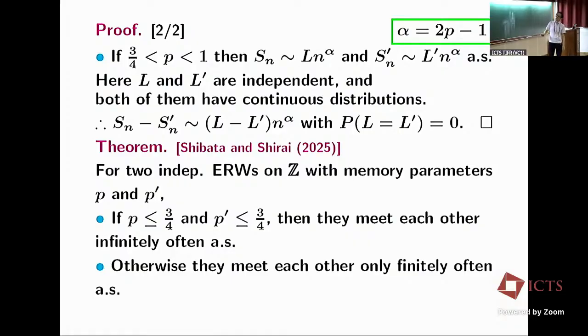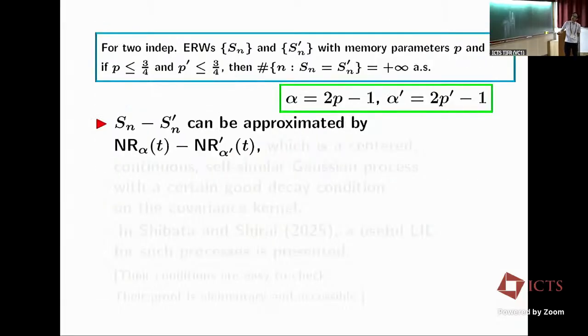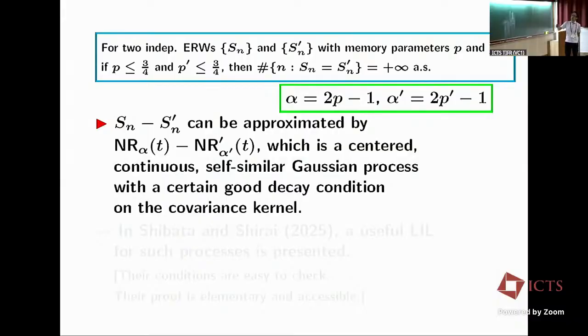The basic idea of the proof is quite similar, but in this case, the approximating process is no longer Brownian motion, but a centered continuous self-similar Gaussian process with very good time correlation decay.